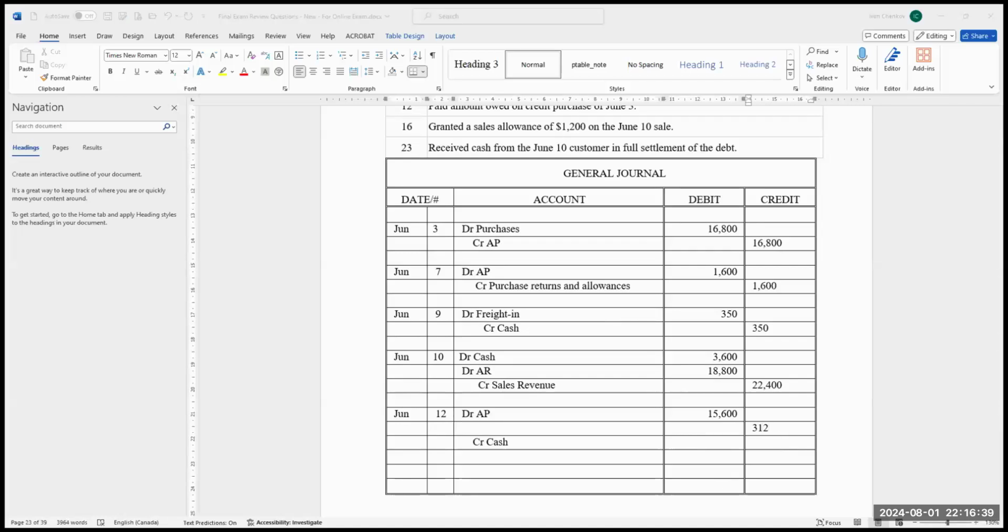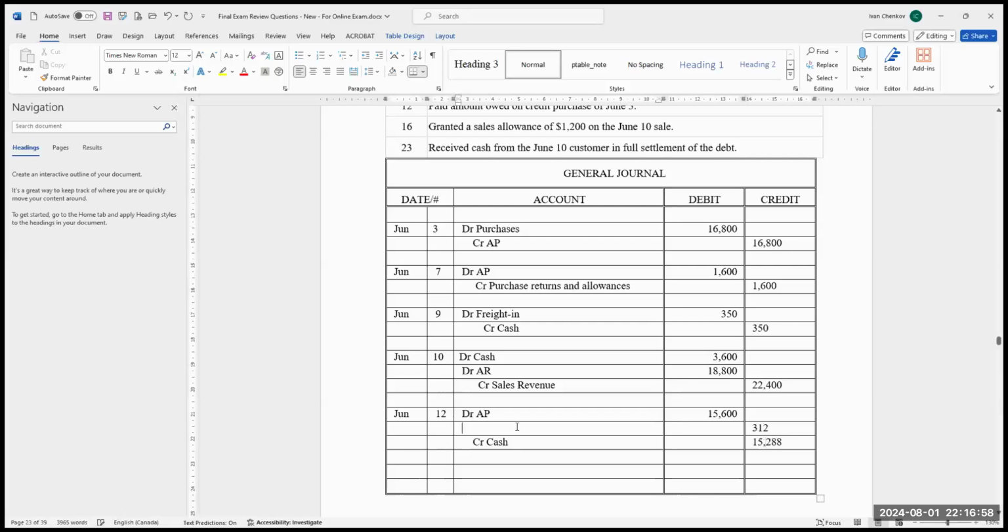We're going to pay only 98% of the 15,600, which in this case is 15,288. That's how much we're going to pay.